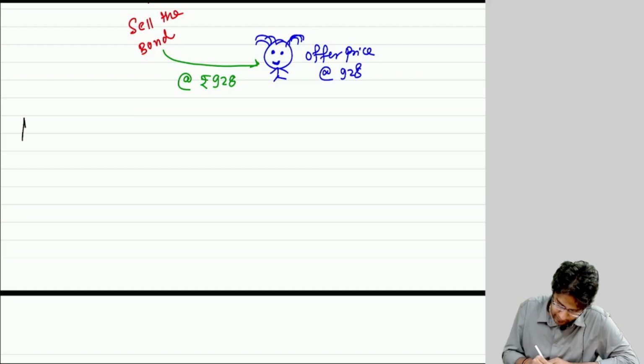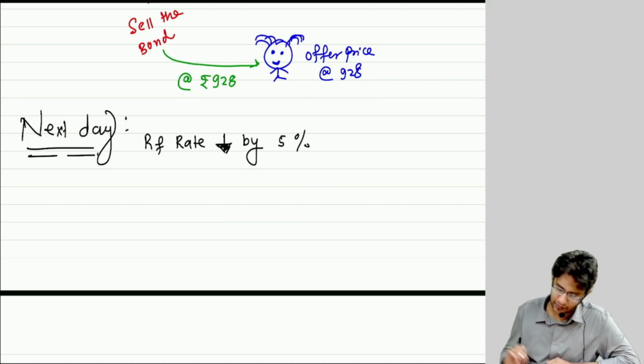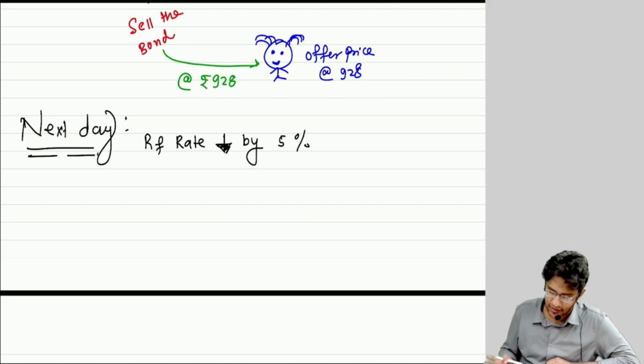Next day. Risk-free rate fell down by 5%. Hypothetical examples are okay.